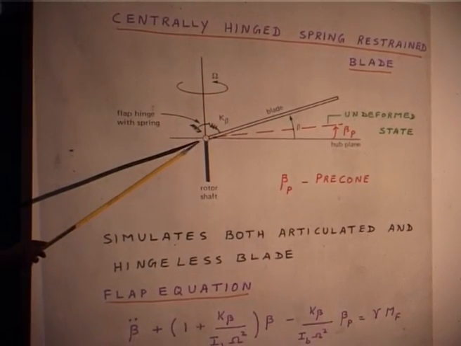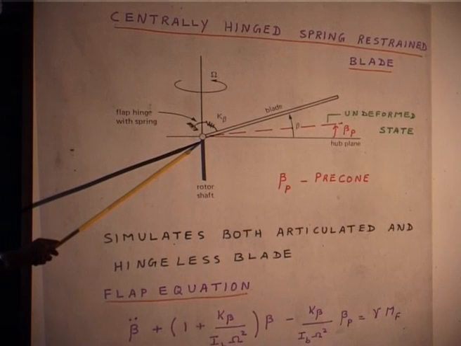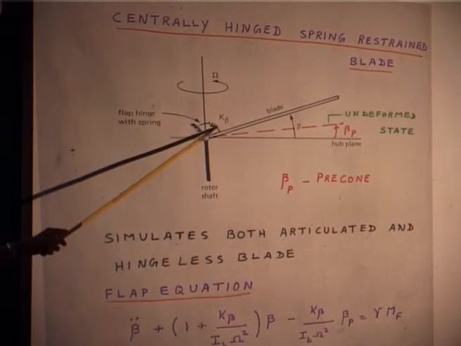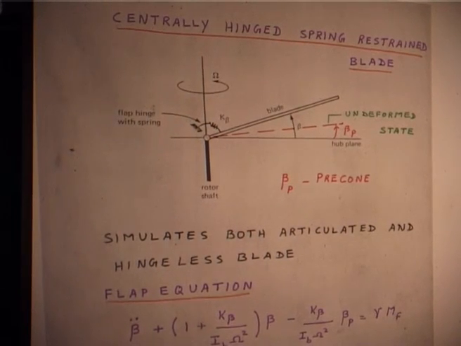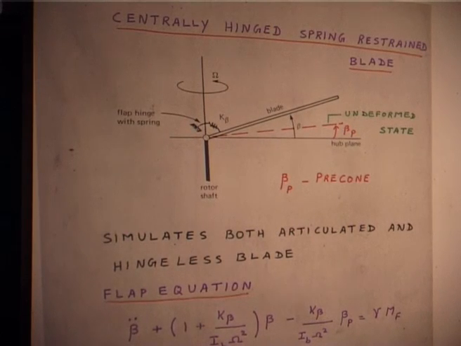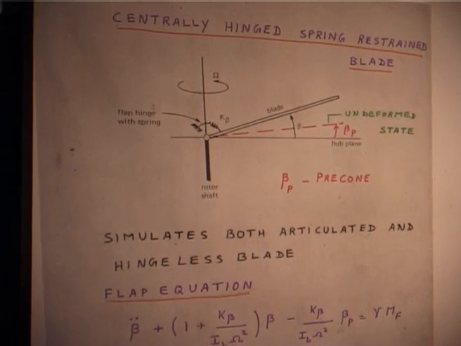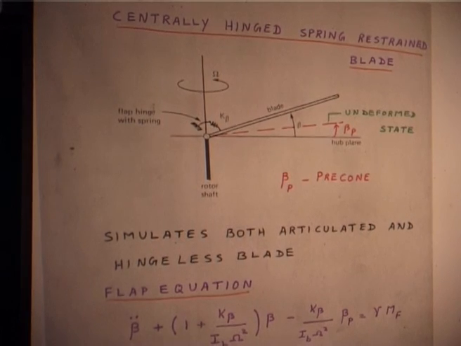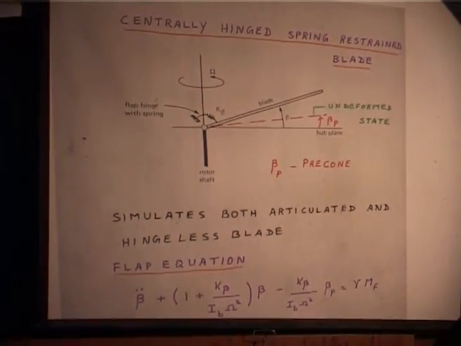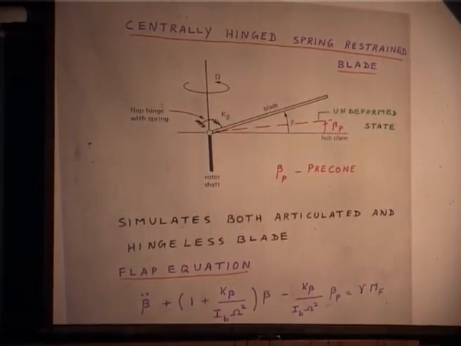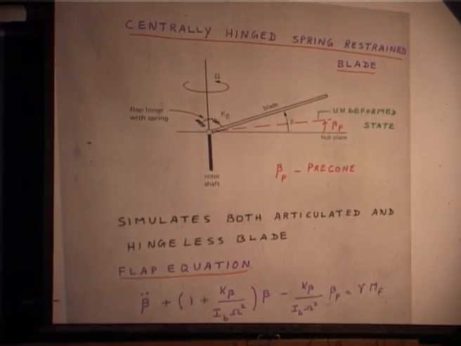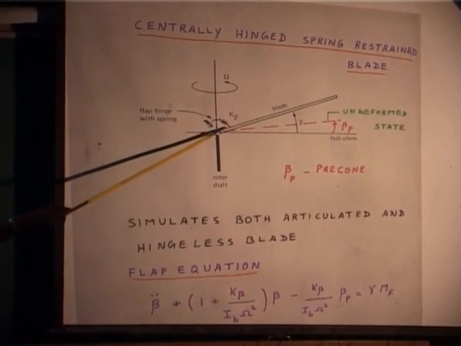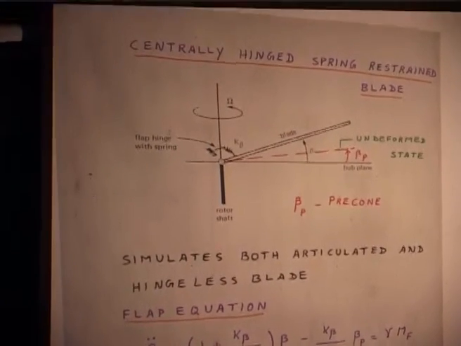Instead of a hinge, I put a root spring, K beta, which is the flap spring. That will also give a moment when I move it. That means, in my equation of motion, I must include the effect of the root spring.